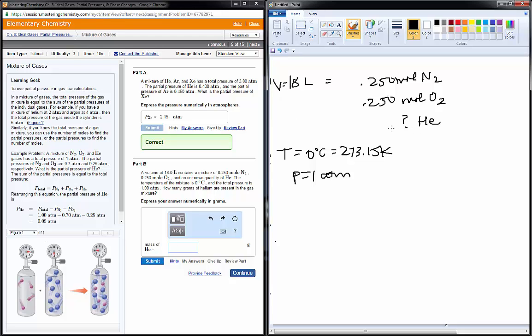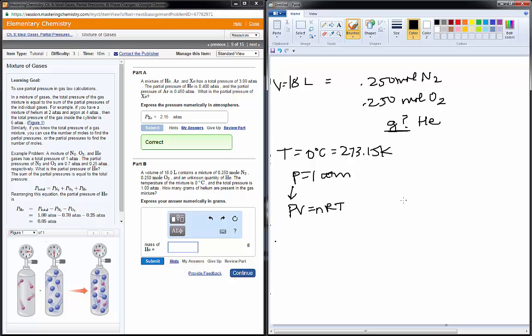So they want to know how many grams of helium gas are present. So the first thing we're going to do is say, look, PV equals nRT, because they gave me pressure and they gave me volume and they gave me T, so I can calculate the total moles pretty easily there. And this works just as well for mixtures of gases, so this is okay.